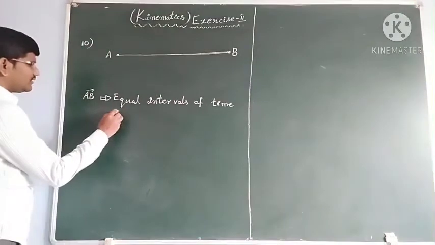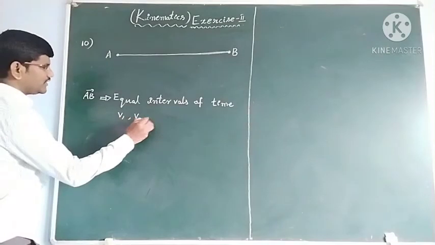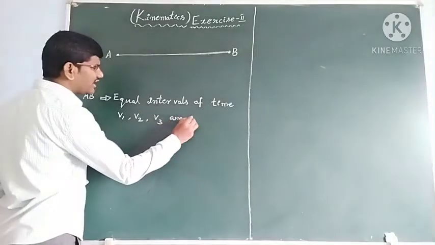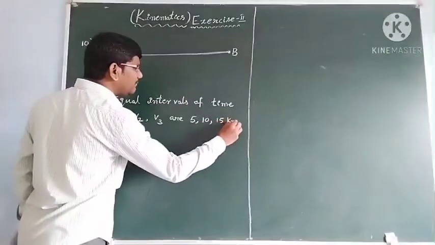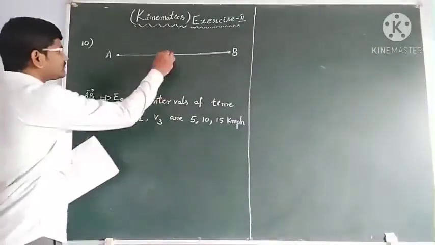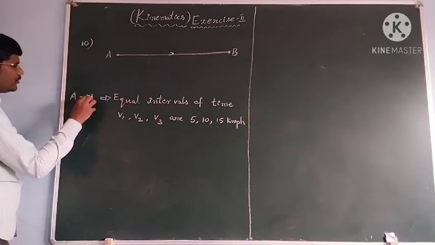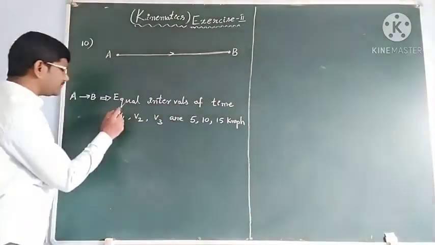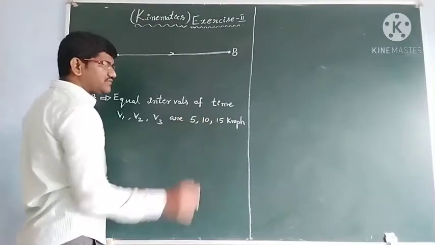So the speeds are V1, V2, V3, which are 5, 10 and 15 kmph. These are the speeds, all in kilometers per hour. While going from A to B, in equal intervals of time, he covers with different speeds 5, 10, 15 kmph.